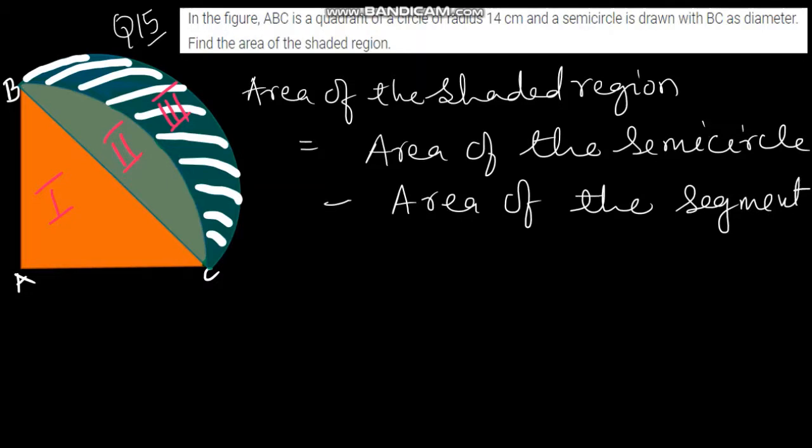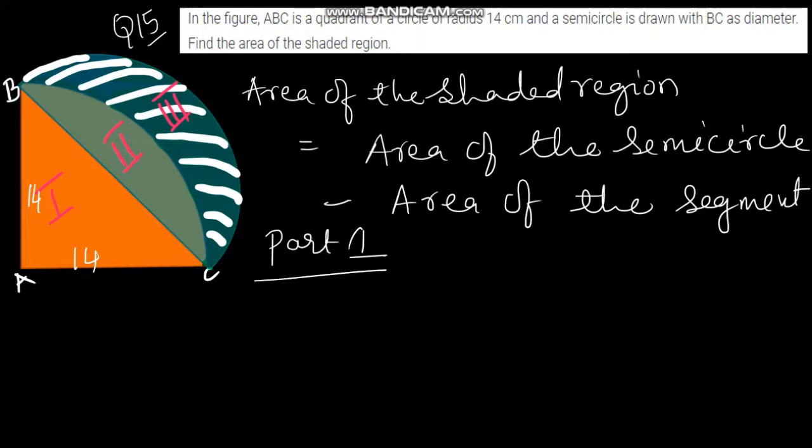Now how will you find the area of the segment? See here children, already it is given that the radius is 14 centimeter. So to find the area of the segment, you will directly find the area of the quadrant. Then you will subtract area of triangle from it. So part 1.